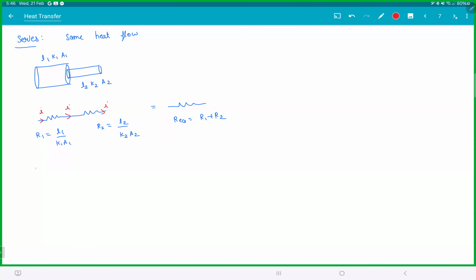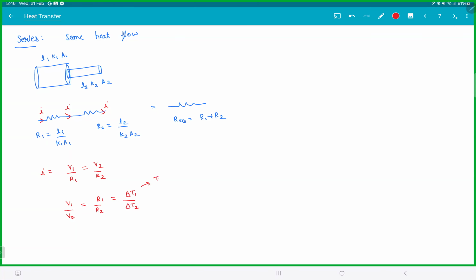So if you take the temperature difference across them, V1 by V2, the current is the same, na? So V1 by R1 should be equal to V2 by R2. So V1 by V2 is R1 by R2. So in this case, voltage is nothing but temperature difference, delta T1 by delta T2.